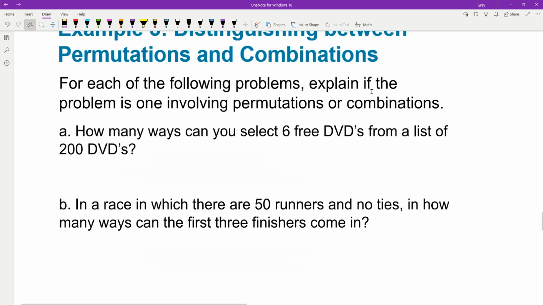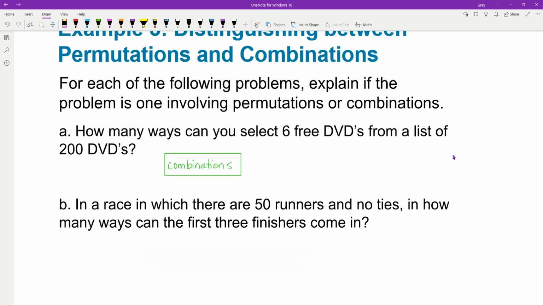Okay. For each of the following problems, explain if the problem is one involving permutations or combinations. How many ways can you select 6 free DVDs from a list of 200? Now, if I'm choosing 6 free DVDs, does the order that I choose them matter? And I hope you said the answer was no, since the order doesn't matter. These are combinations.